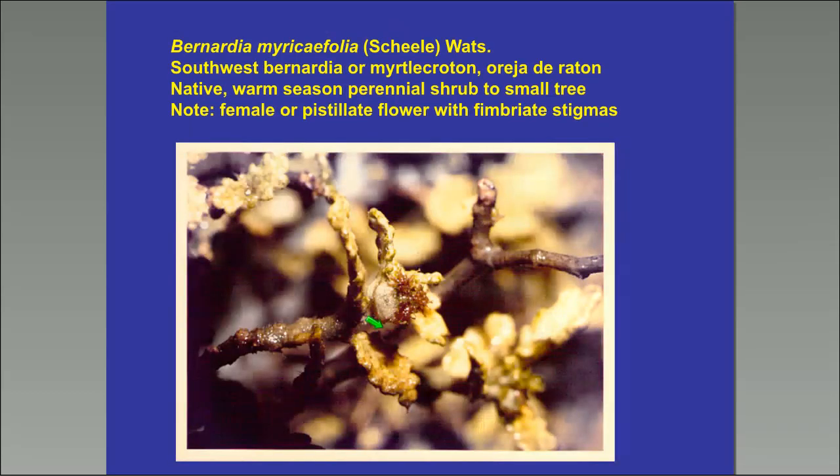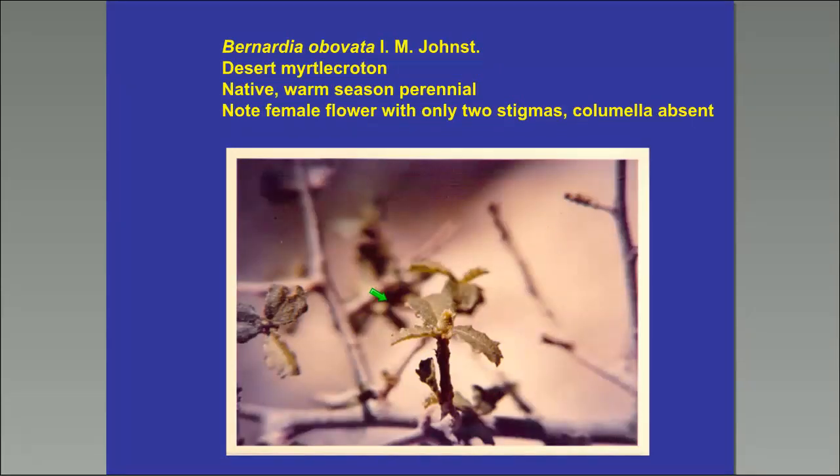This is the female, the pistillate flower of Bernardia myricifolia, and notice the stigmatic material here is called fimbriate, meaning fingers sticking out. But again, there's 1, 2, and 3 units of the stigmatic material, and then underneath again is the 3-locular capsule that's going to produce 3 seed.